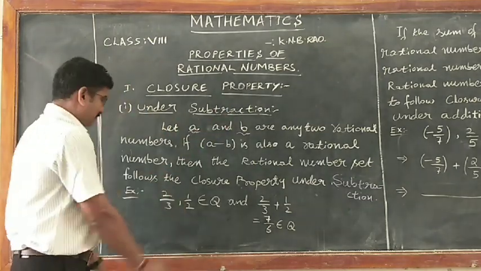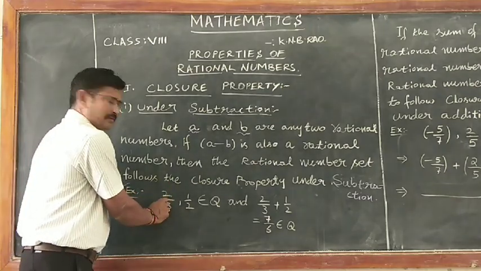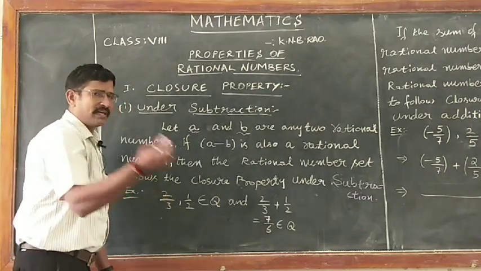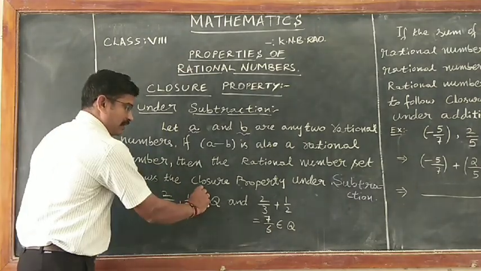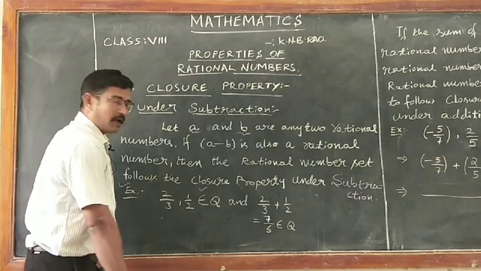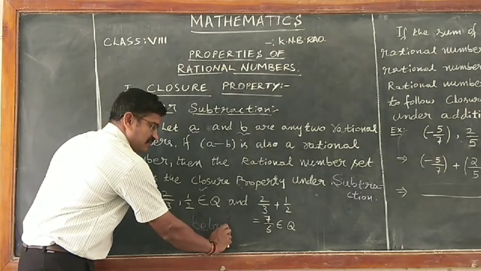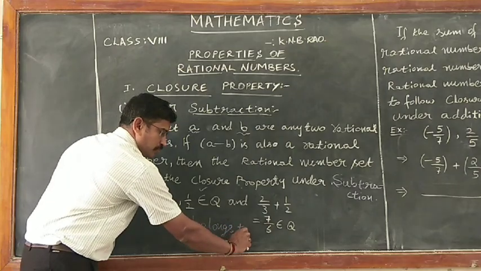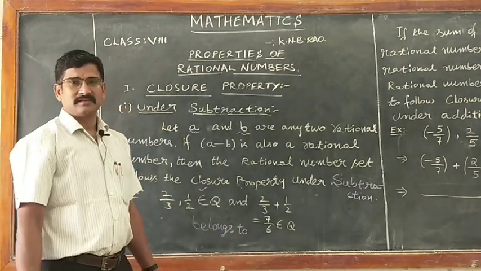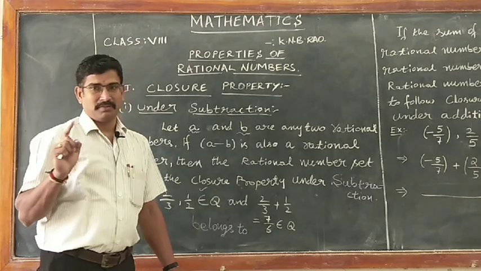Now, how does the example change? Let 2 by 3 and 1 by 2, any two numbers you can take. This symbol is the epsilon symbol. Epsilon is read as belongs to. Belongs to means these two numbers are part of the rational numbers.